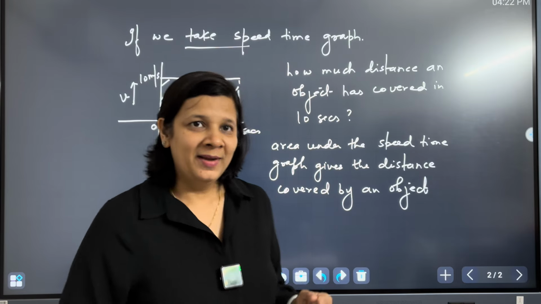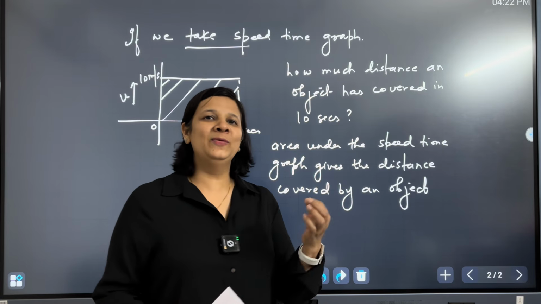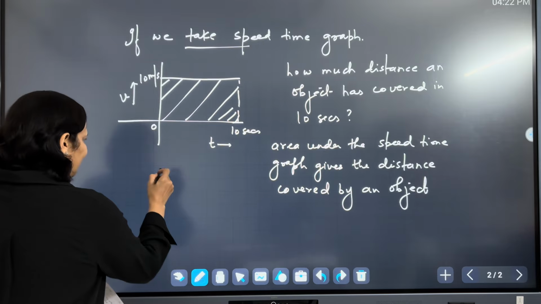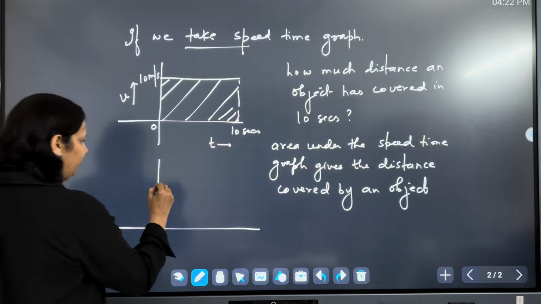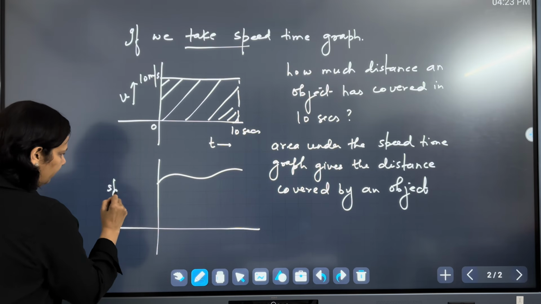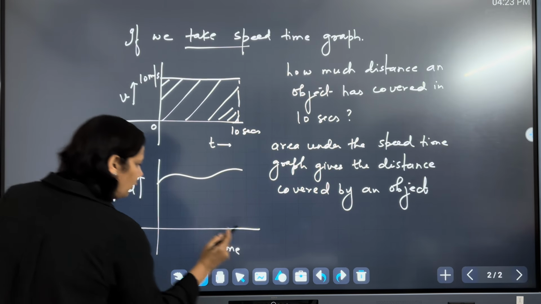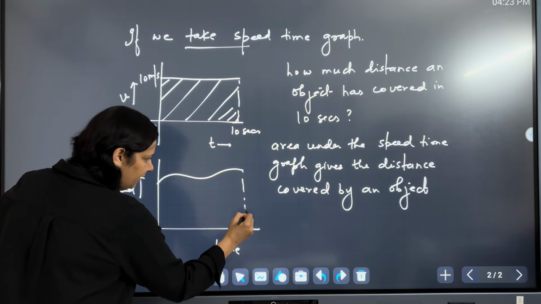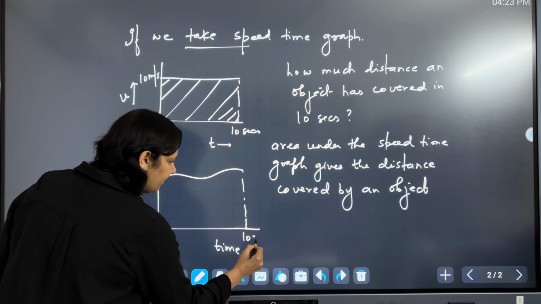So, okay. But now if an object is not moving with a constant speed, again you will learn that we have to bring in the idea of calculus. Okay. So if, for example, the object is moving like this, the speed of an object is given like this, and this is time, then what do we do? So this is the total area covered by an object, area under the curve in 10 seconds, right?